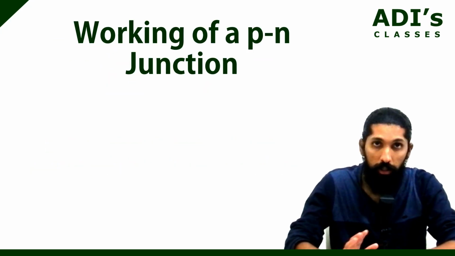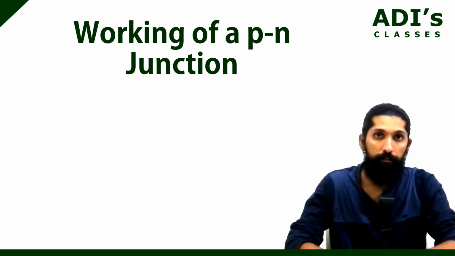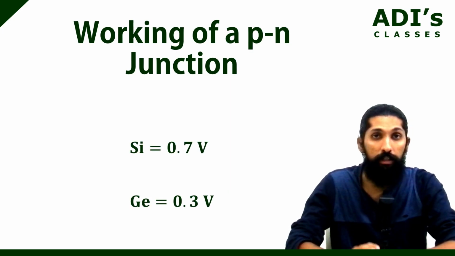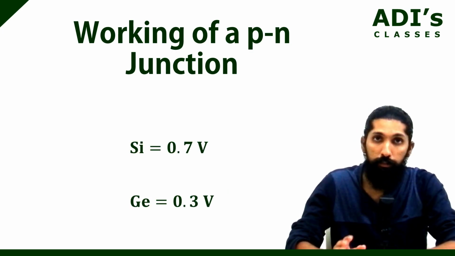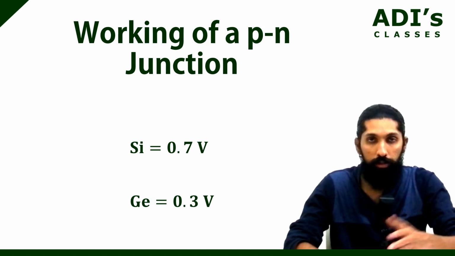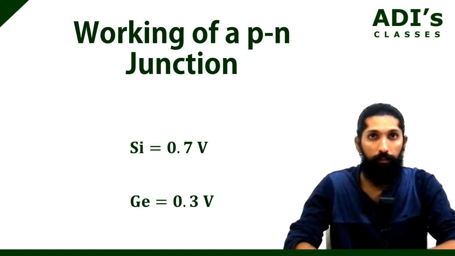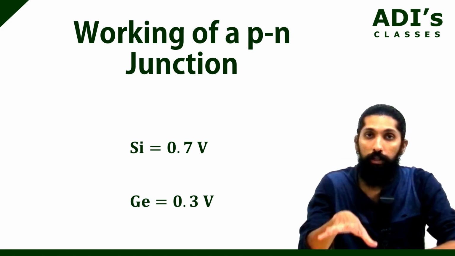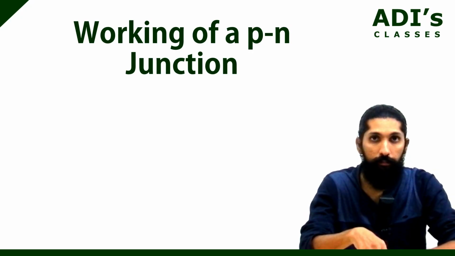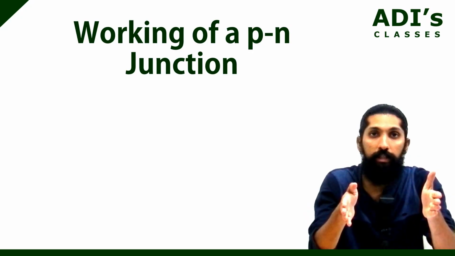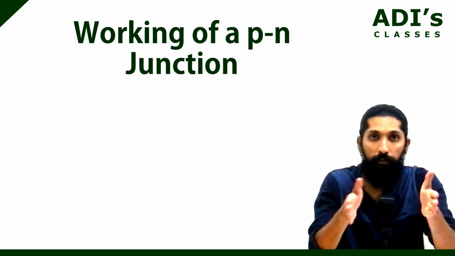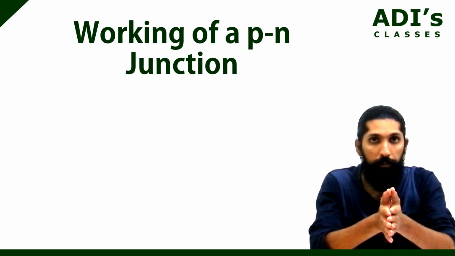Generally, for silicon it is 0.7 and for germanium it is 0.3 volt potential. It is in volts. Now, you know that there is a potential barrier. Once the electric field is set up, what's gonna happen?